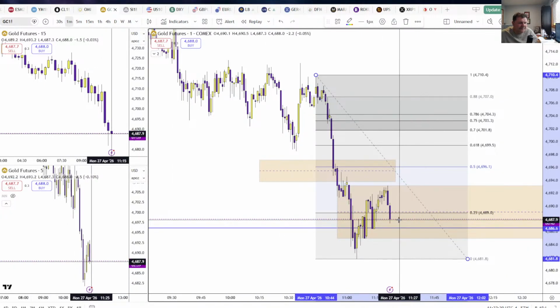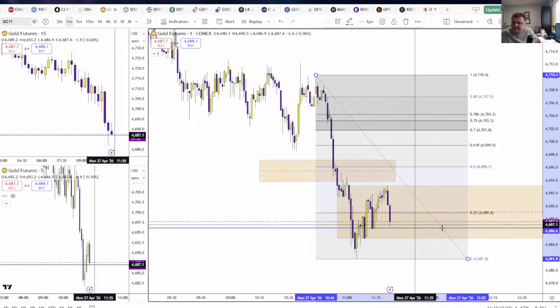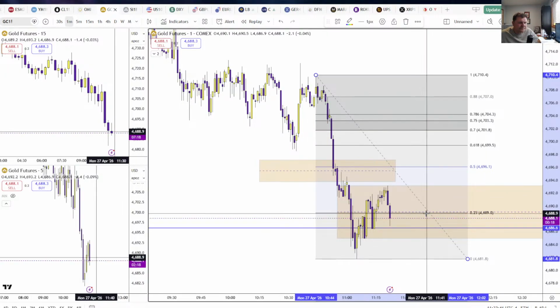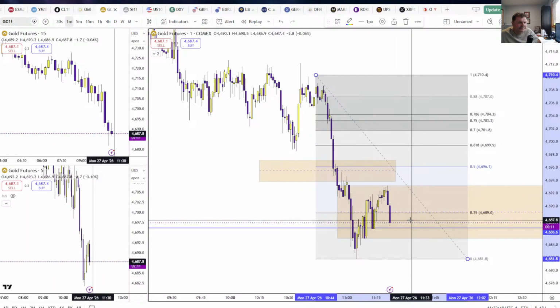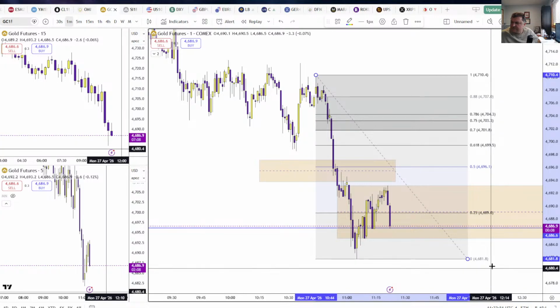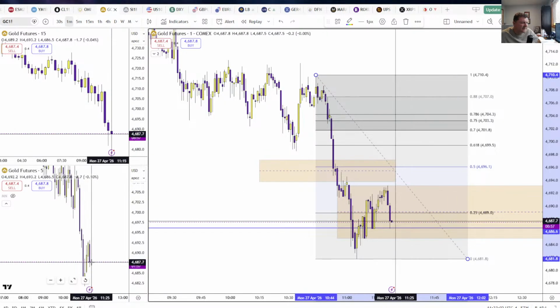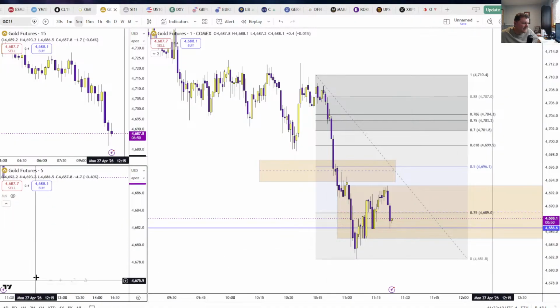Yeah, you don't want to see it slicing through here. Let's see if we get a close through here now then. Wick does some damage. There's a little tiny imbalance down here at 5. Watch right here.